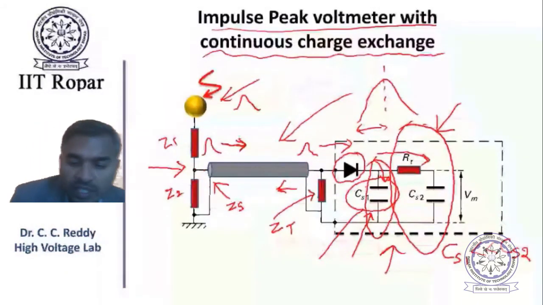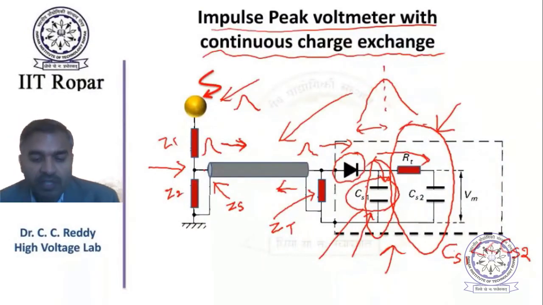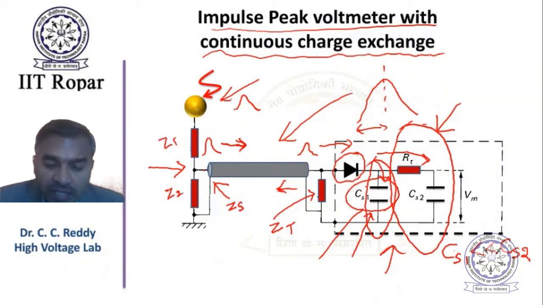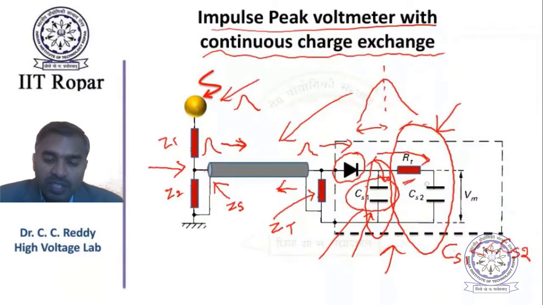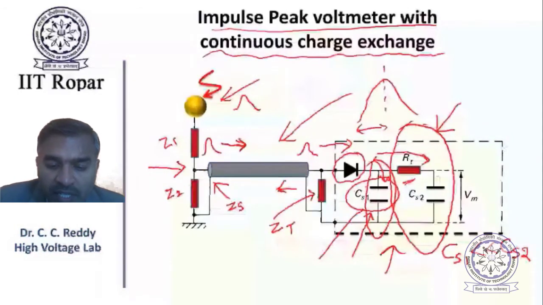So since the magnitude of CS1 is less, it will be quickly charged, and since it is also directly connected, it will be quickly charged. And then CS2 has a series resistance here. So due to this, there is a certain time constant for CS2. So CS2 will be relatively slowly charged compared to CS1.